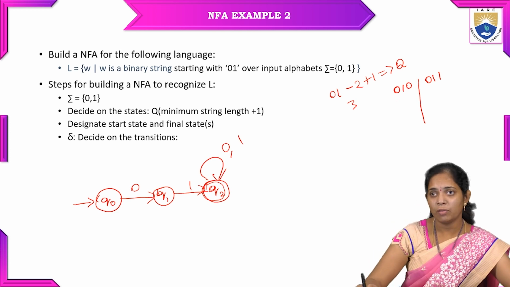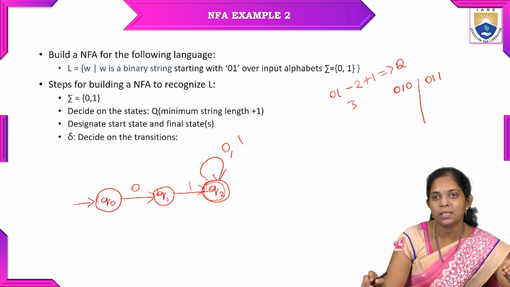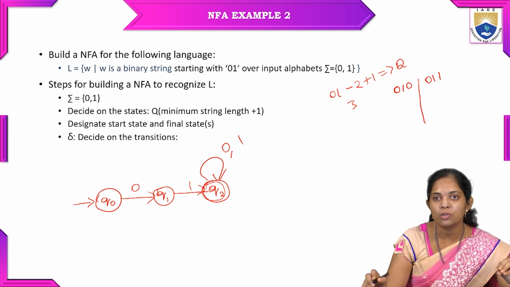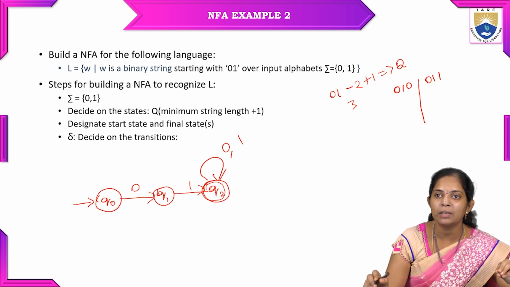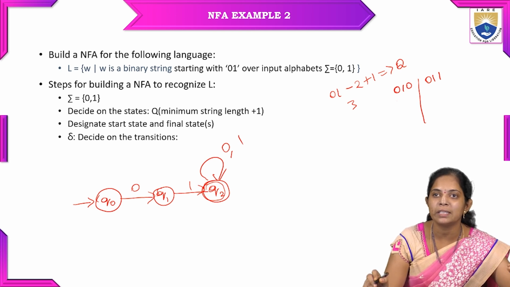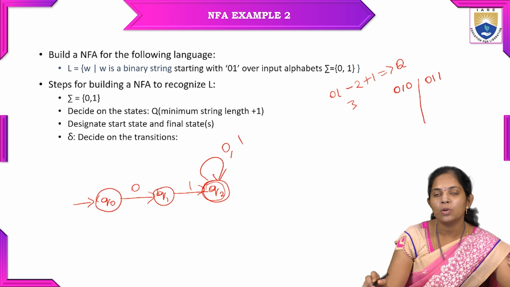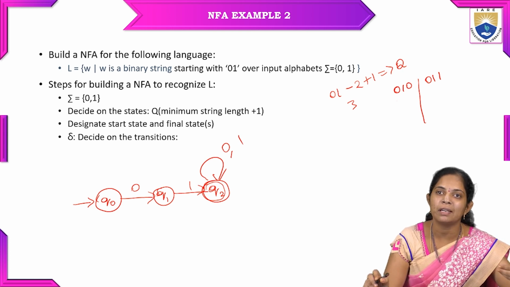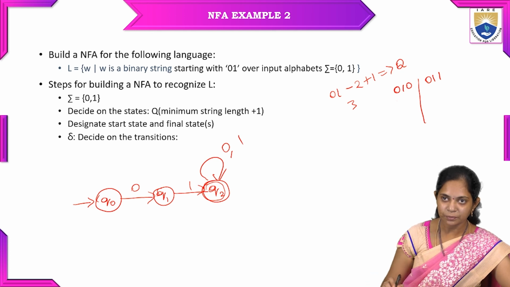This language contains strings starting with 0 1, and there is no limitation on the ending. That's why, since 0 and 1 are the input symbols, for every input we have to put the self loop on the final state.